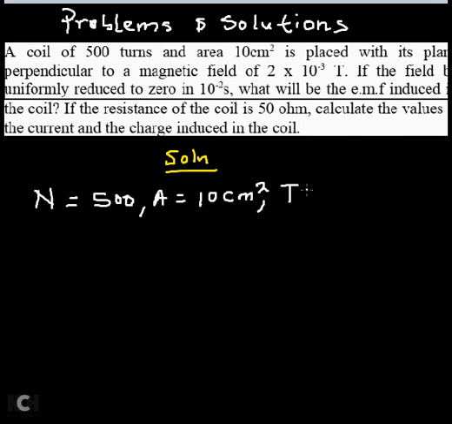field density, that's symbol B, 2 times 10 raised to the power of minus 3 Tesla. If the field is uniformly reduced to zero, so this was the initial value of the flux density of the field, then the final value was actually zero.